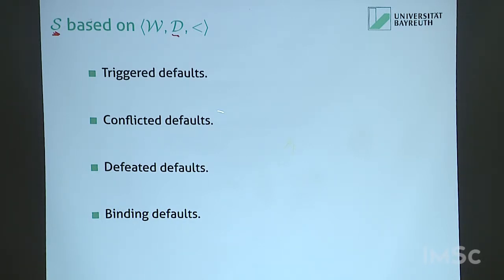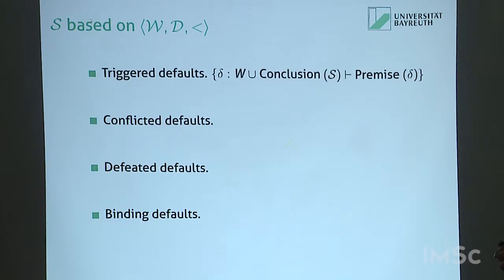But for that, we need to build our way slowly. So we're going to say that, given a scenario S, a default is triggered. Usually when you start your computation, you start with an empty scenario.